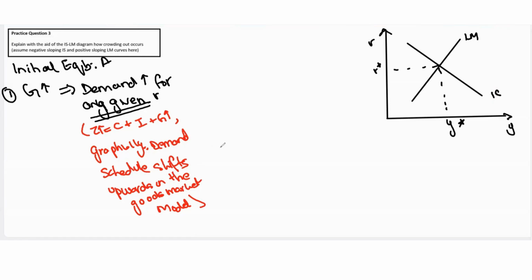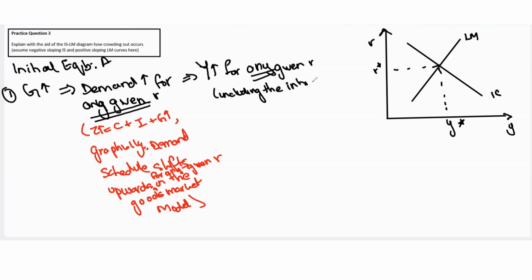So when G increases, demand shifts upwards for any given R. As a result, Y increases for any given R, and that holds true for the initial level of R, which is R star.